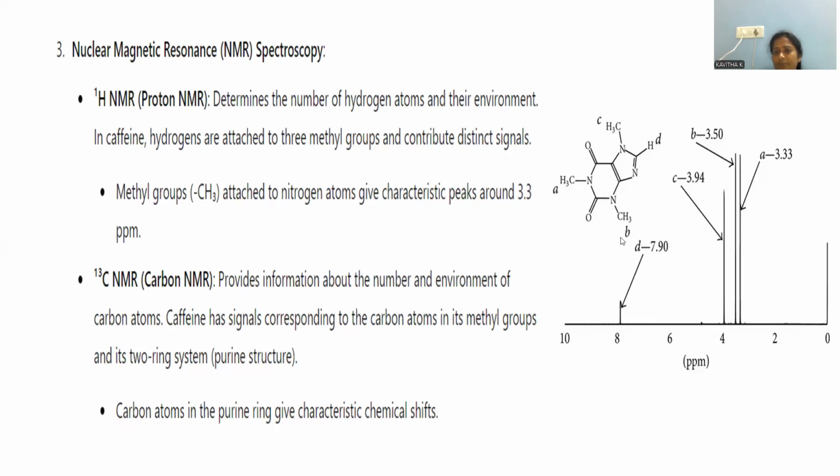A is given for this methyl, B is given for this methyl, C is given for this methyl. This distinctness among these methyl groups can be depicted by this proton NMR spectrum.